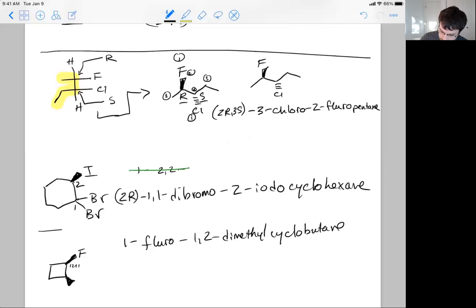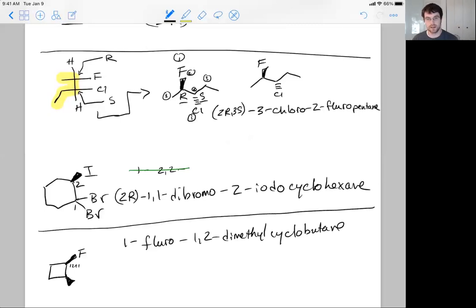Now you might be wondering, why did I put the fluoro, which starts with an F, in front of the dimethyl, which starts with the D? Well, remember, we ignore the di, tri, tetra, and just go right to the substituent that's hanging off of our parent chain, which is methyl in this case. So F beats M in that case. Okay, so we have 1-fluoro, 1,2-dimethyl.